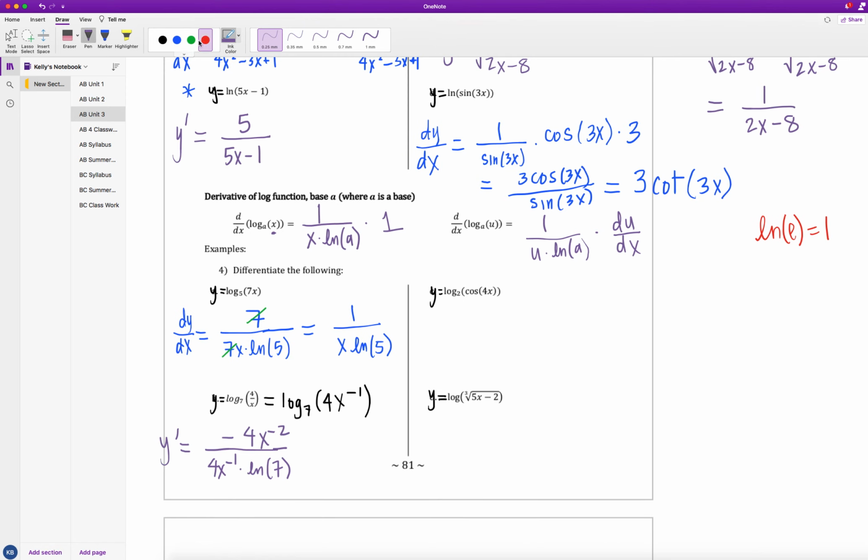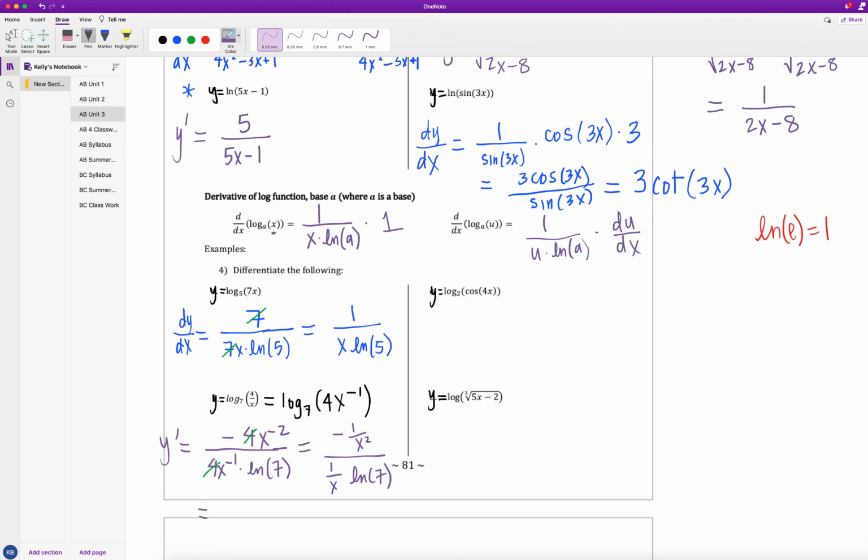The 4's could cancel since I have factors again, so the 4's can cancel. And then this negative x to the negative second, we could rewrite as negative 1 over x squared over, I could rewrite the x to the negative first as 1 over x, a natural log of 7 there. And from here, these do reduce down, and I just get left with a single x in the denominator.